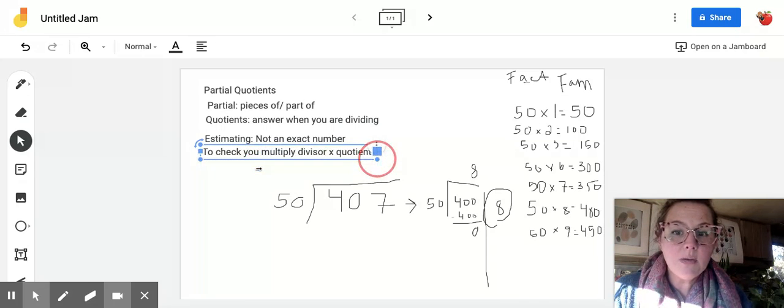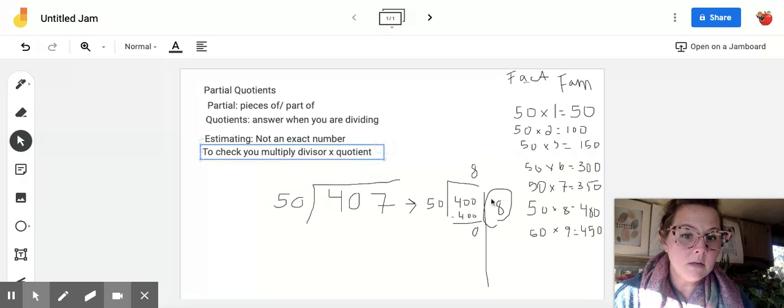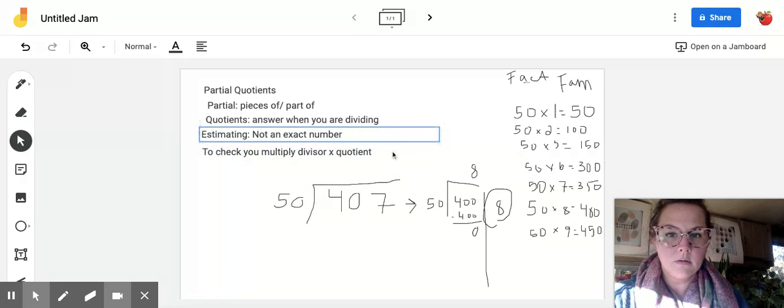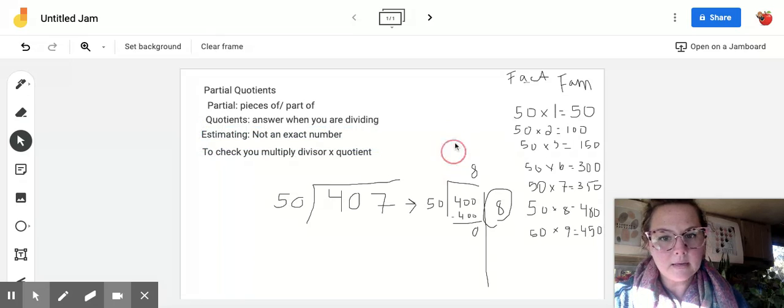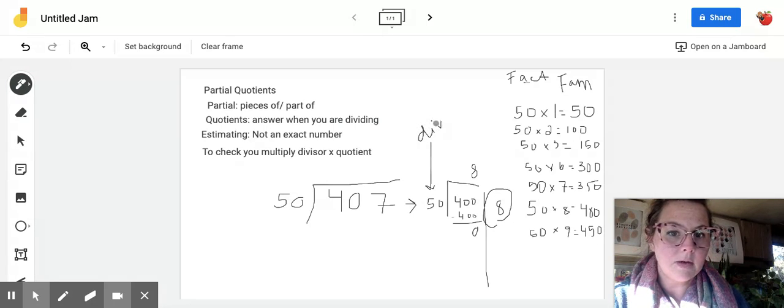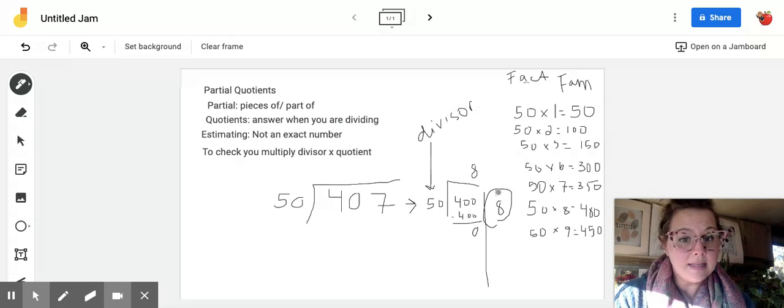And here we are saying that 8 times 50, this is the divisor, right? This guy here, he is your divisor. He is telling you what you are dividing into. So that is your divisor, and this here is your quotient.